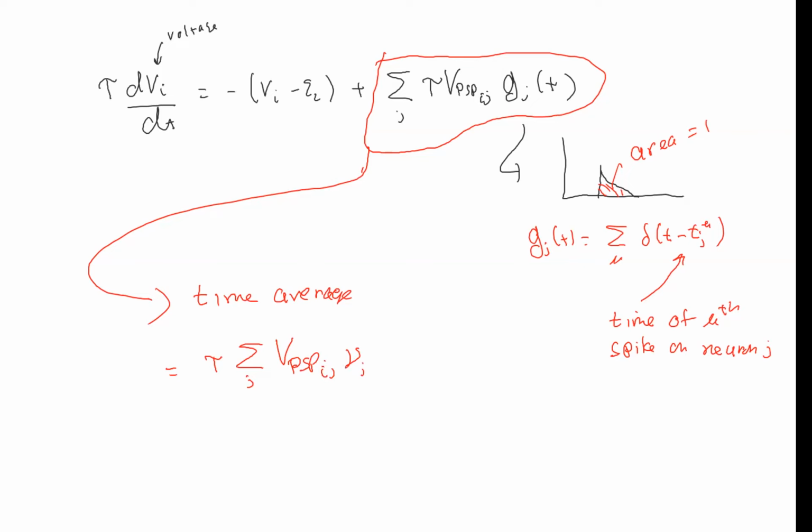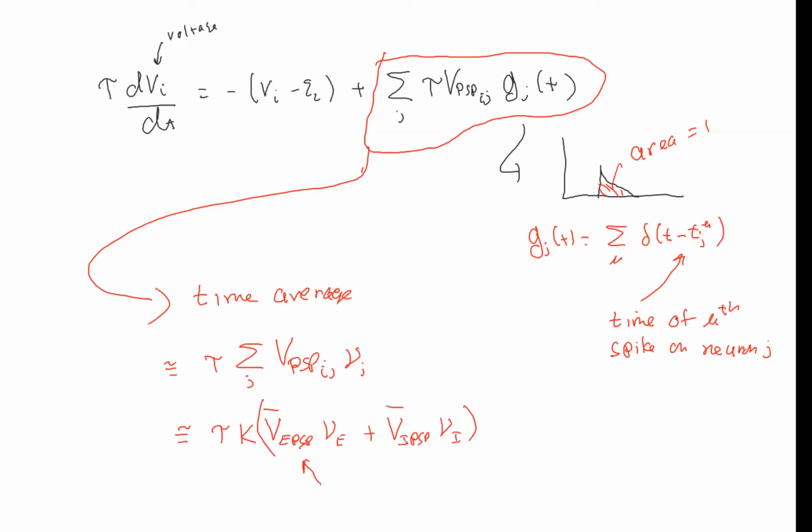Okay. And that is approximately equal to tau K V̄_EPSP ν_E minus V̄_IPSP ν_I. I think I wrote plus the other day.